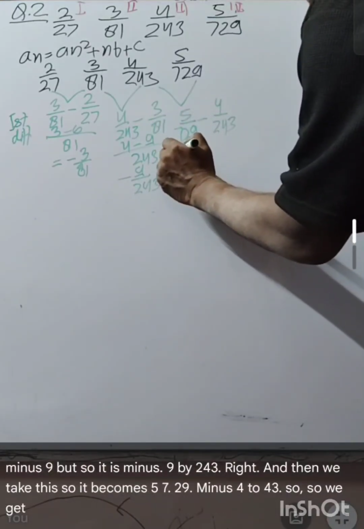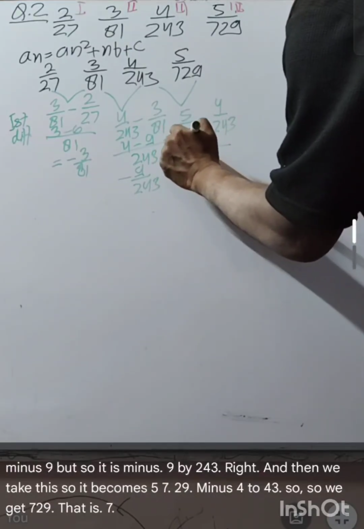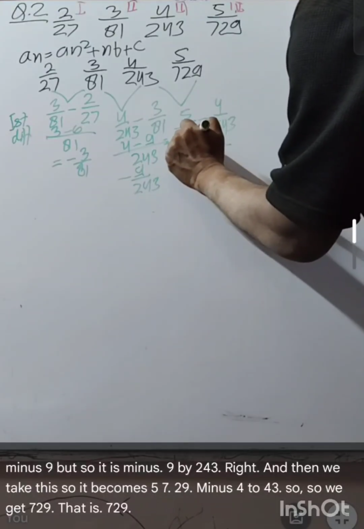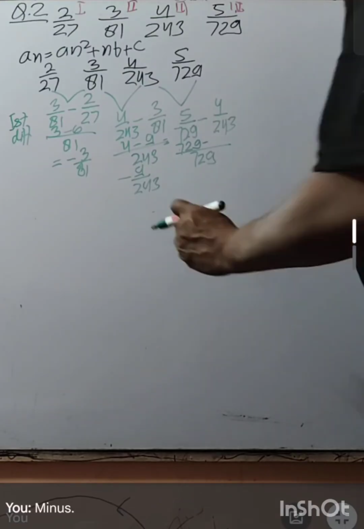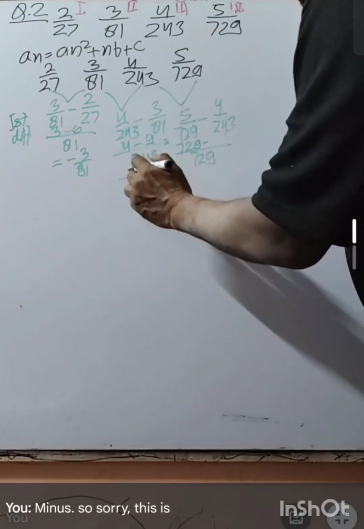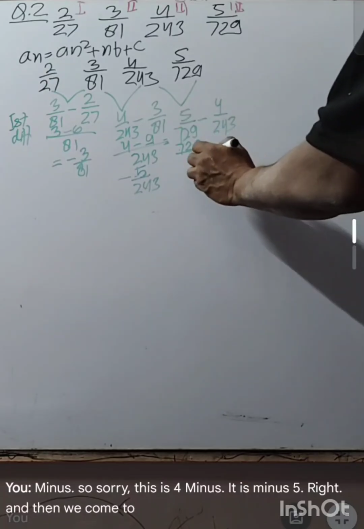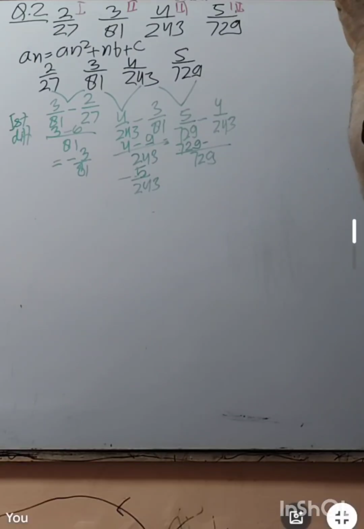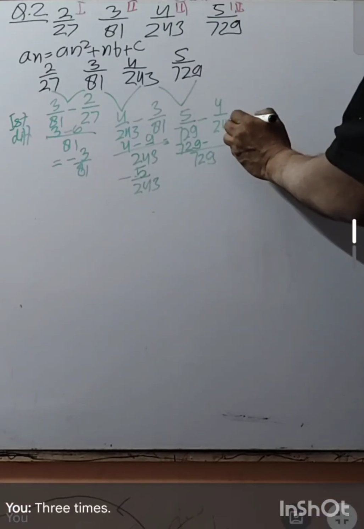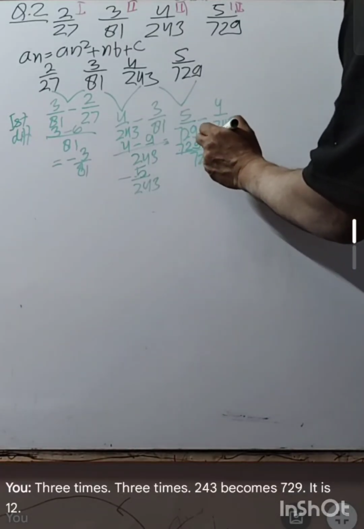So we get 729, sorry, this is 4 minus, it is minus 5. Then 3 times 243 becomes 729, it is 12.